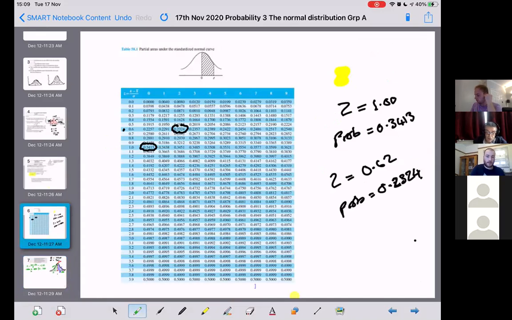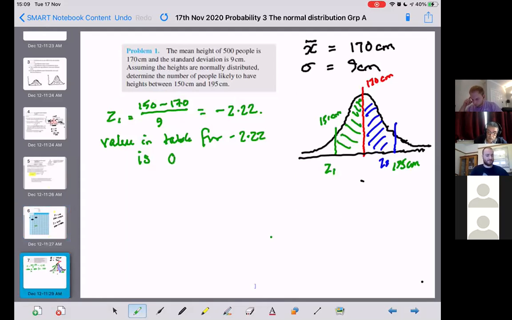We forget about the minus for a minute, because all that's indicating is us being below the mean. For 2.22 there, 0.4868. So that's the probability that something will be between the mean 170 and the X value 150. All right, so that's the Z1.